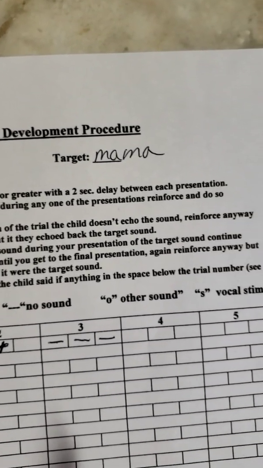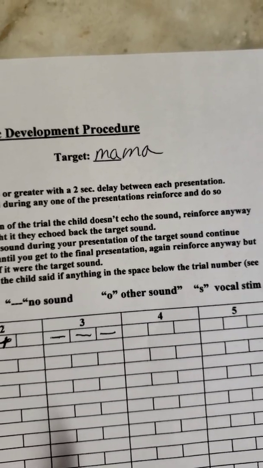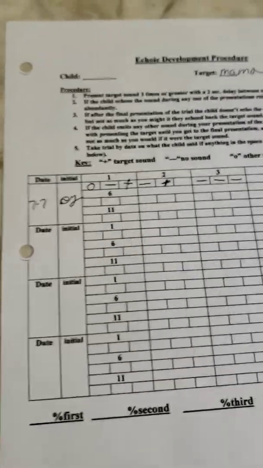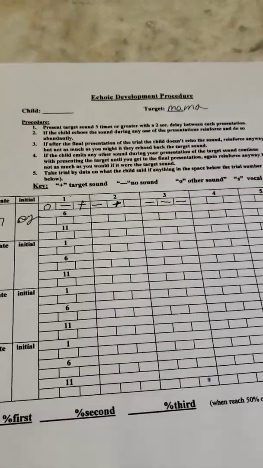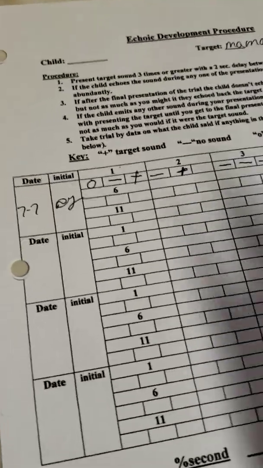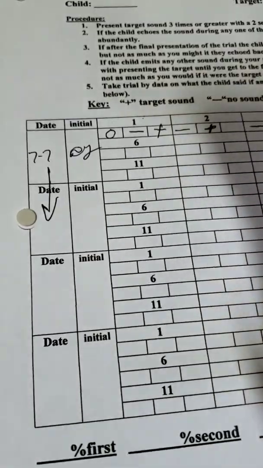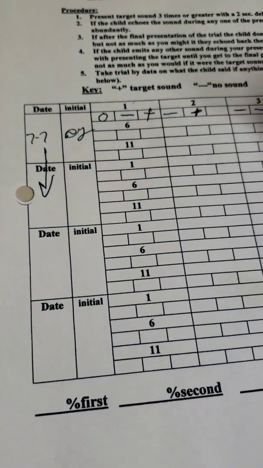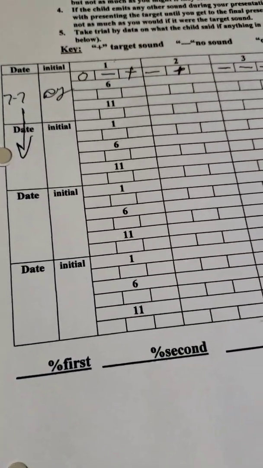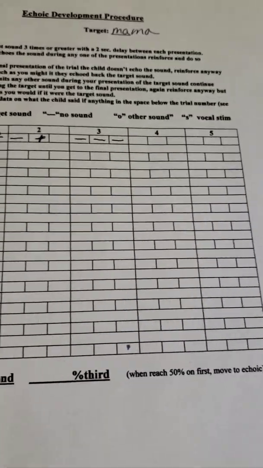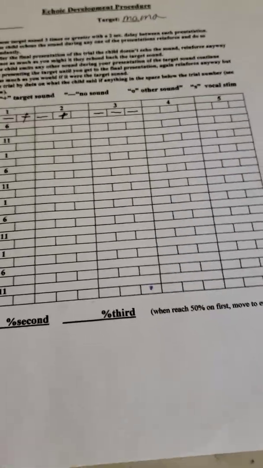Take your time and read the instructions. This again should be filled out every single day. And if you need to go down to the next line, just let us know that you continued. That's fine.